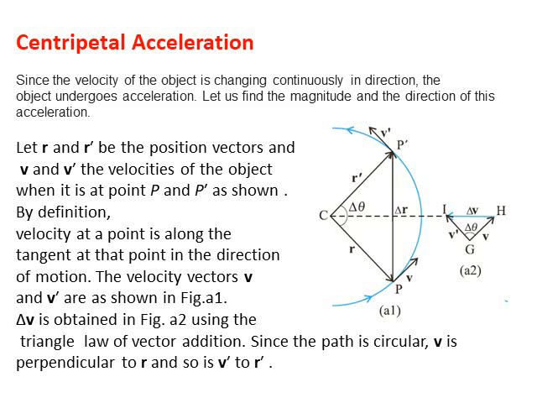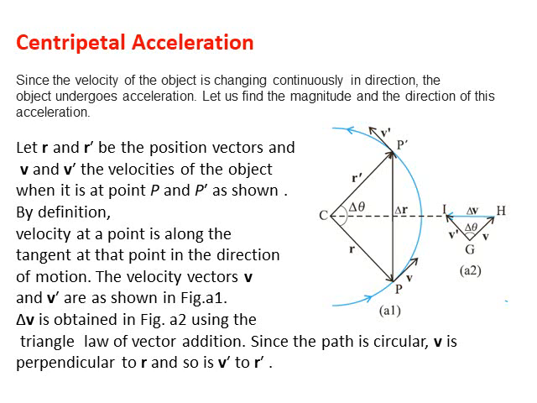Let r and r dash be the position vectors, starting from C as shown in the figure, from C to P and C to P dash. And V and V dash are the velocities of the object as shown in figure A1.